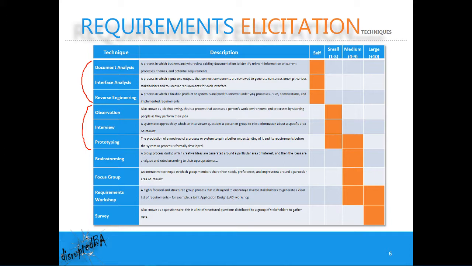And then the next three would be in a medium group setting, which would be brainstorming, focus groups, and requirements workshop.